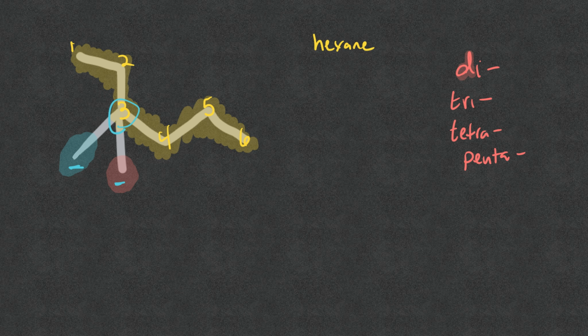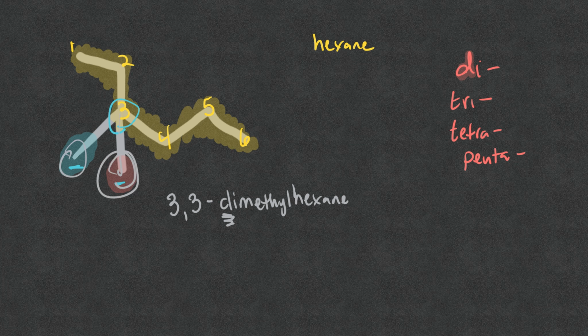The name of this would be 3,3, because the methyl groups both come from the 3rd carbon. 3,3-di, to show there's 2 of them, methyl, and because there's 6 carbons here, it's a hexane. So 3,3-dimethylhexane.